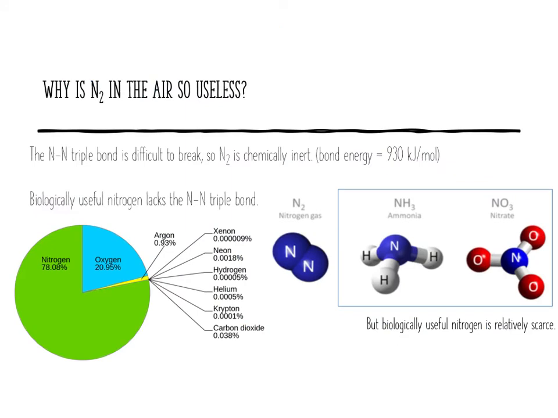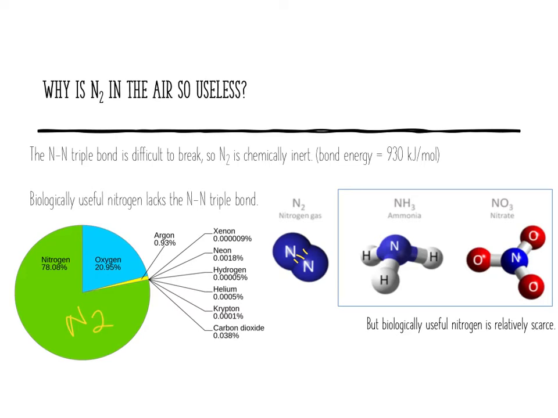A little bit about N2. N2, which is the most abundant molecule in the atmosphere, is incredibly unreactive, because it's got a triple bond between the 2 nitrogens. It's just really, really hard to break. But it's the most abundant thing in the atmosphere.